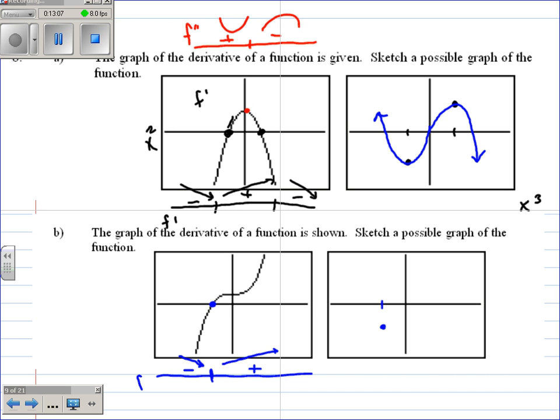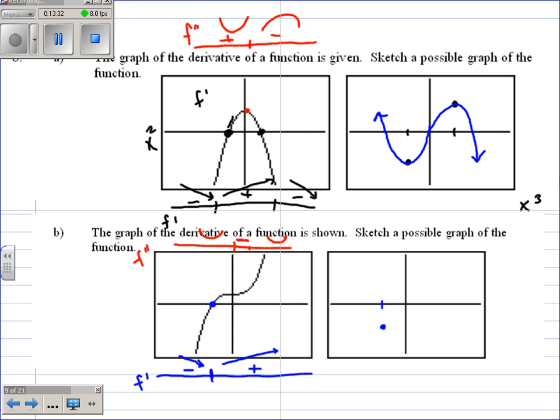And then for concavity, if we look at f double prime, it is positive everywhere, and it looks like it's constant right here. So basically, from here to here, we're going to have just a straight line. But other than that, it's going to be concave up, because it's always positive. F double prime is always positive since f prime is increasing.